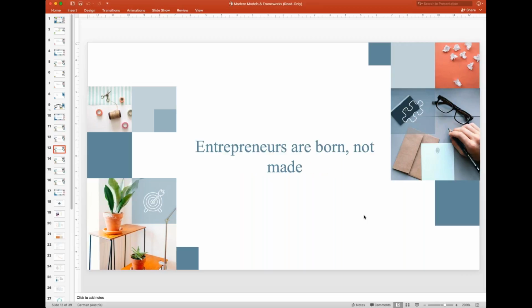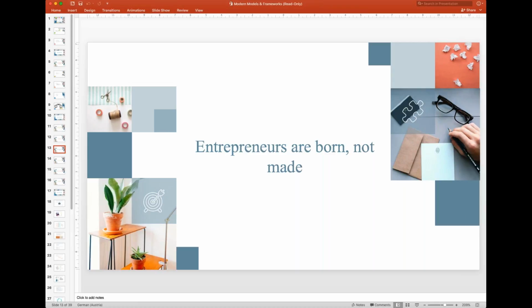Entrepreneurs are born, not made. This is a phrase from a dear friend, a professor of entrepreneurship at MIT, and he swore to me that a lot of effort and money has been invested into finding that special entrepreneurship gene, and smart people both at Harvard and at MIT have been unsuccessful in finding that gene, and we just don't believe it exists.